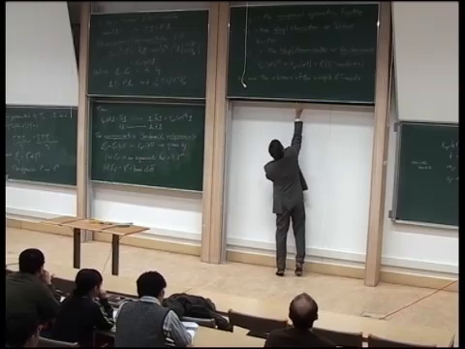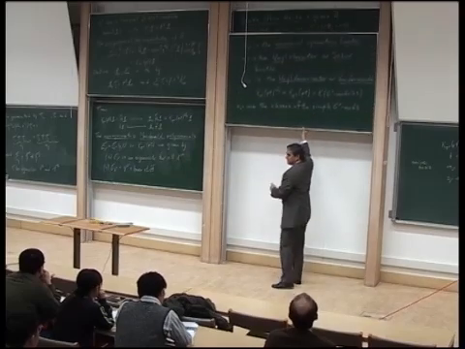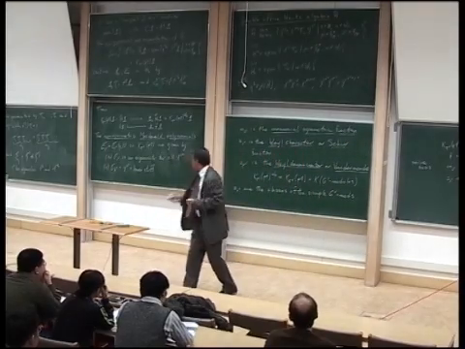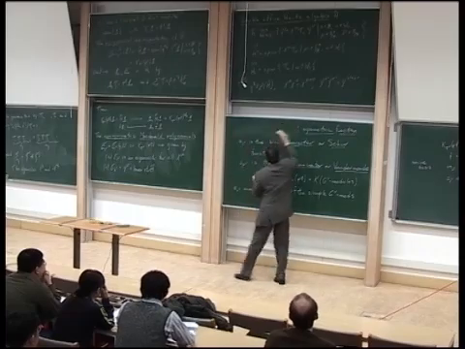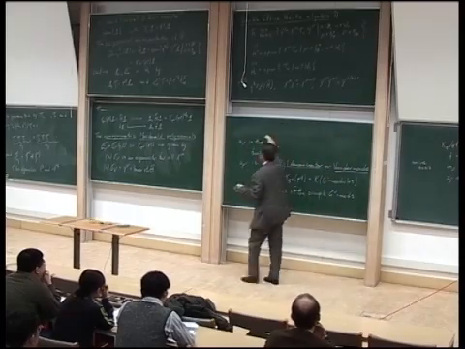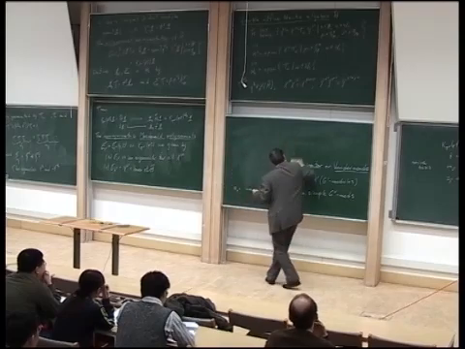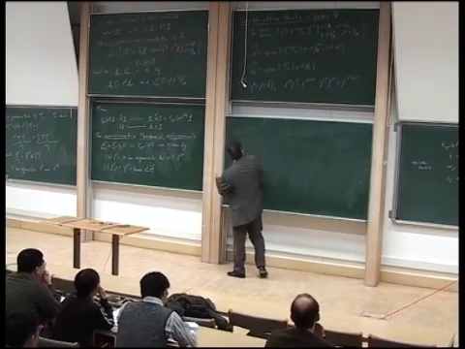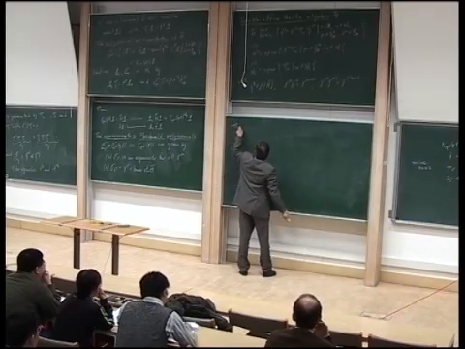Those are not the original Macdonald polynomials. Those were defined somewhat later than the first Macdonald polynomials. So sometimes there's a confusion about what a Macdonald polynomial is. The original Macdonald polynomials are the symmetric ones.